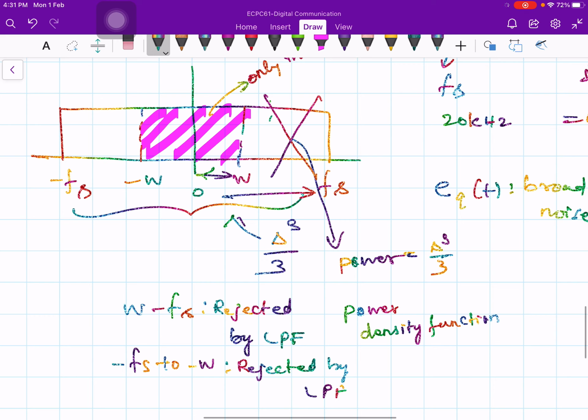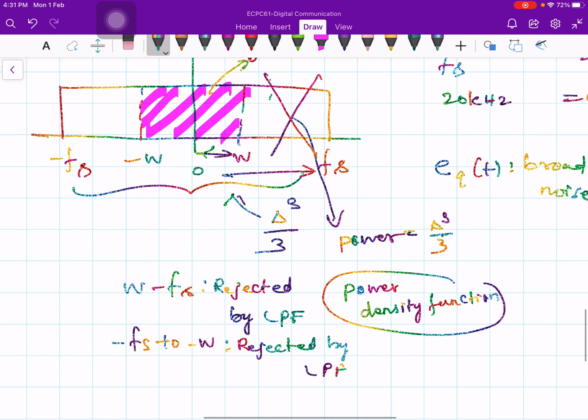Therefore, when I want to now find the power density function, I need to consider power divided by the range of interest. What is the range of interest? 0 to W.